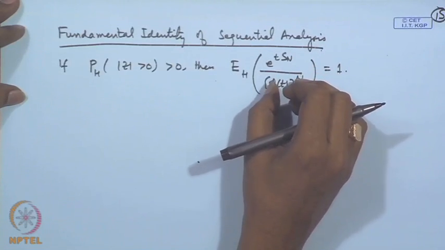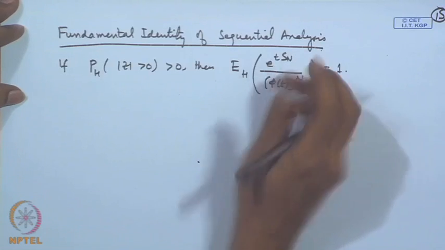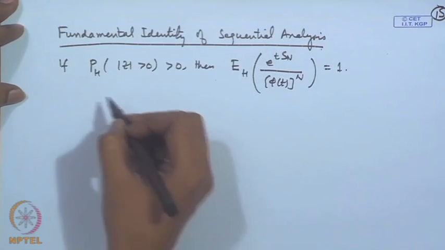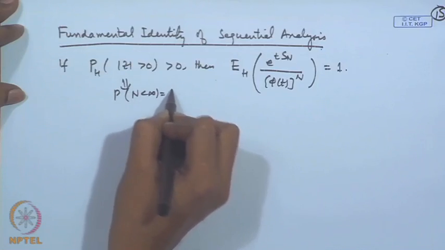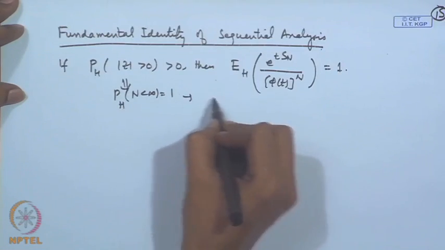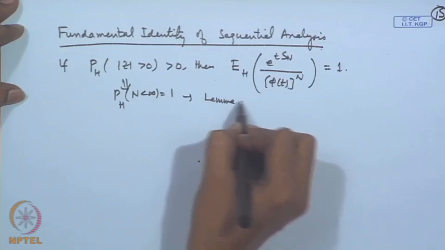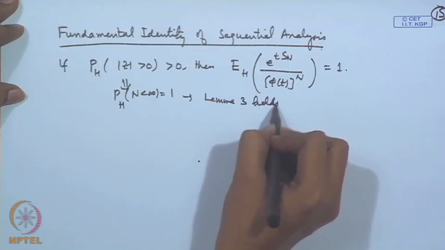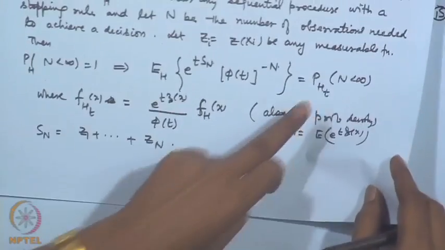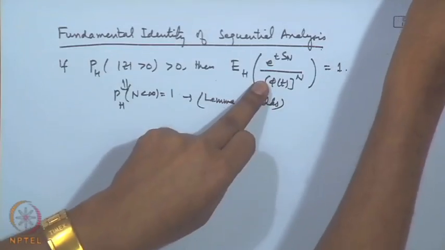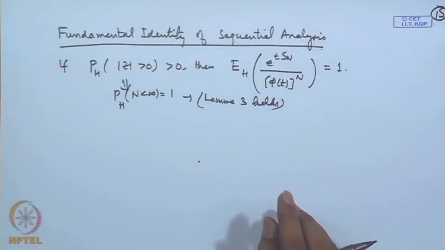This was actually probability of n less than infinity, that is, this is implying probability of n less than infinity is actually 1 under H. That means the previous lemma holds. Okay. So, this is 1. So, these two are the same and therefore this will become equal to 1 here.